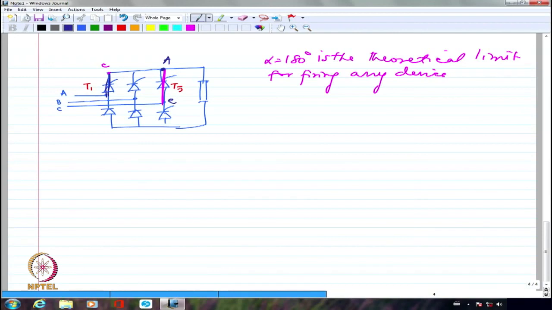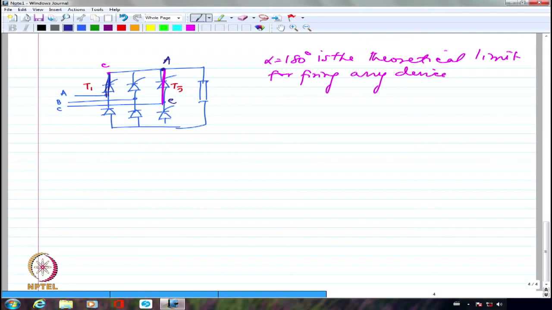So that is also true only if alpha is until 180. Because if alpha is beyond 180, VAC we said will be negative. If VAC is negative, I am going to forward bias device number 5. So there is no way device number 5 will get recombined or turn off. So normally I am not going to be able to operate any of these converters beyond alpha equal to 180 degrees.